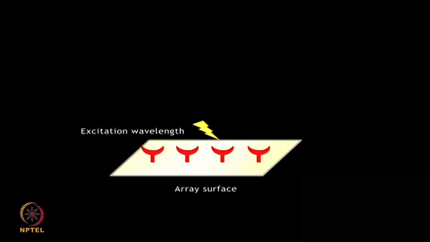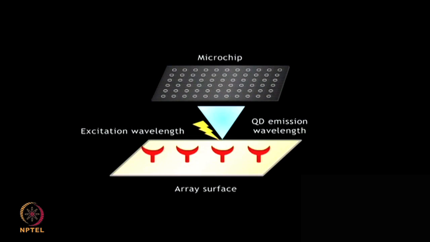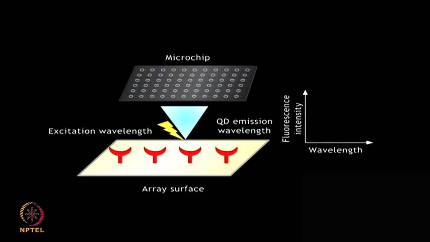Let us now look at this animation of quantum dots. The changes in the emission wavelength upon target binding, of antibody conjugated quantum dots, are recorded by the microchip and used for detection of various biomolecules.